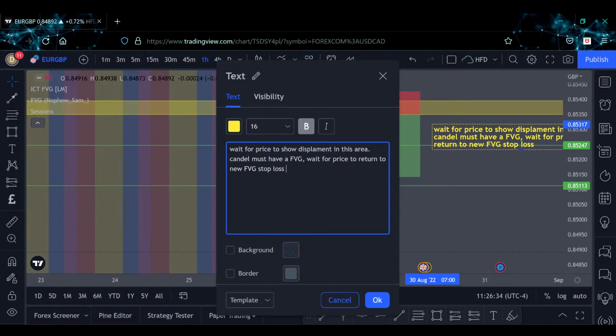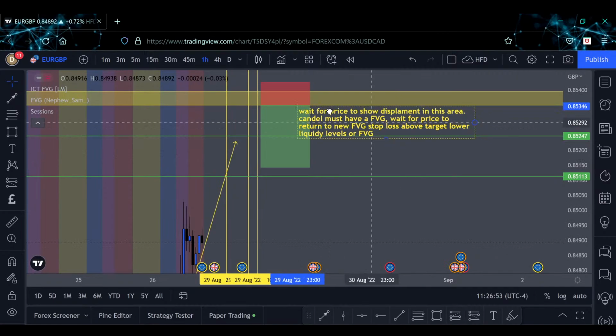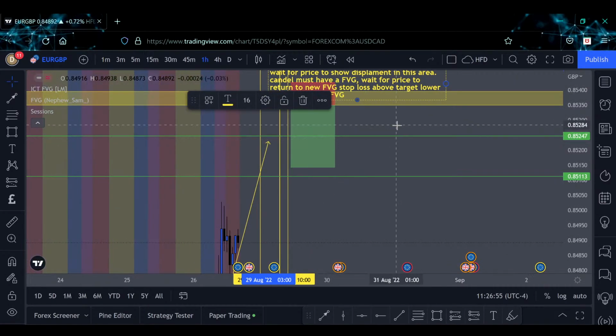Stop loss above. Target low liquidity levels or FVG. So we'll keep that here as a reminder.